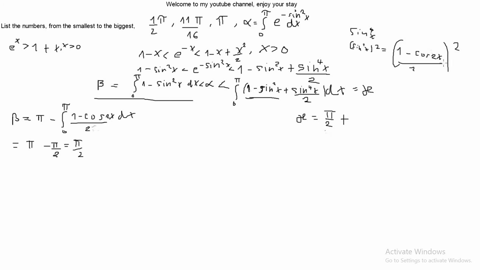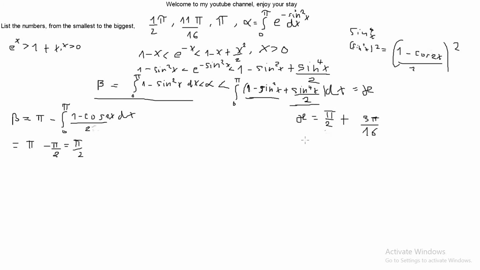I won't calculate this integral because it is really elementary, it would just take too much time. You should get 3π over 16 from this one, the one I didn't calculate.